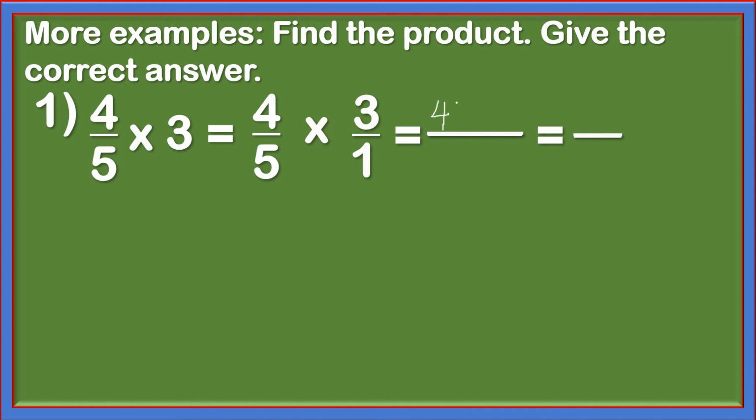So, 4 times 3 equals 12. Then, 5 times 1 is 5. Hala, 5 times 1 pala dito. Sorry. 5 times 1. Nauna yung answer ko dito, yung sagot. So, what is 12 over 5?